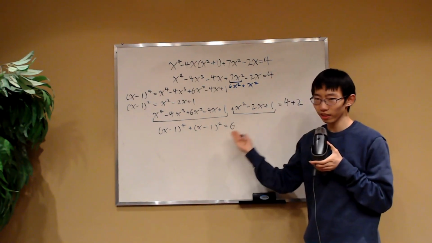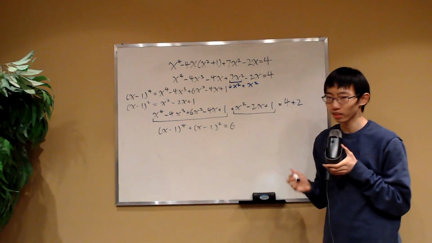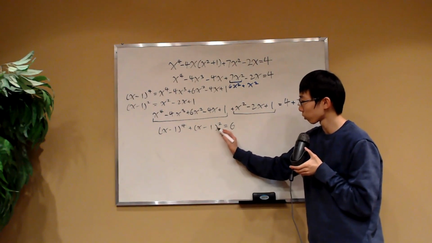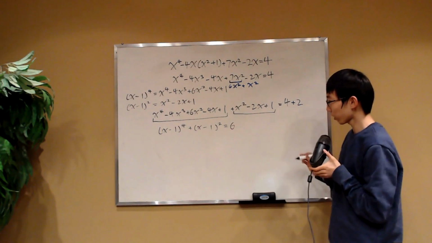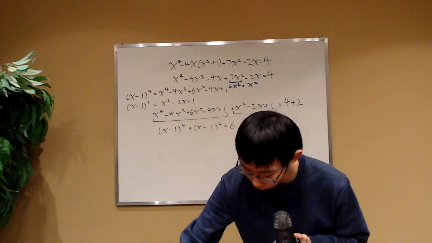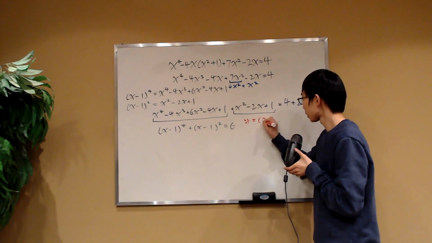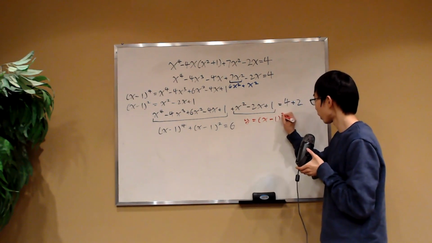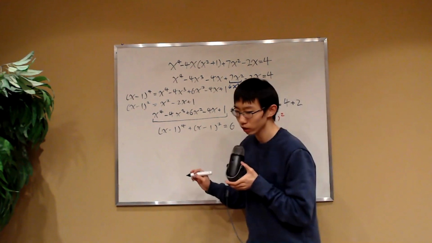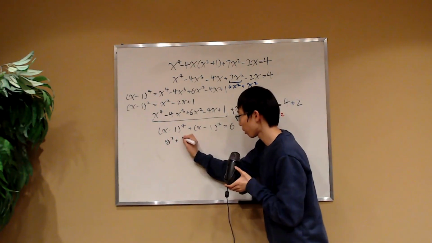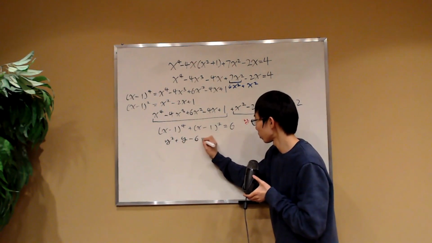And take a look at this. This over here is a quadratic expression in terms of x minus 1 all squared. In fact, if we were to let y equal to x minus 1 all squared, then substituting it into this yields y squared, and then plus y minus 6 is equal to 0.